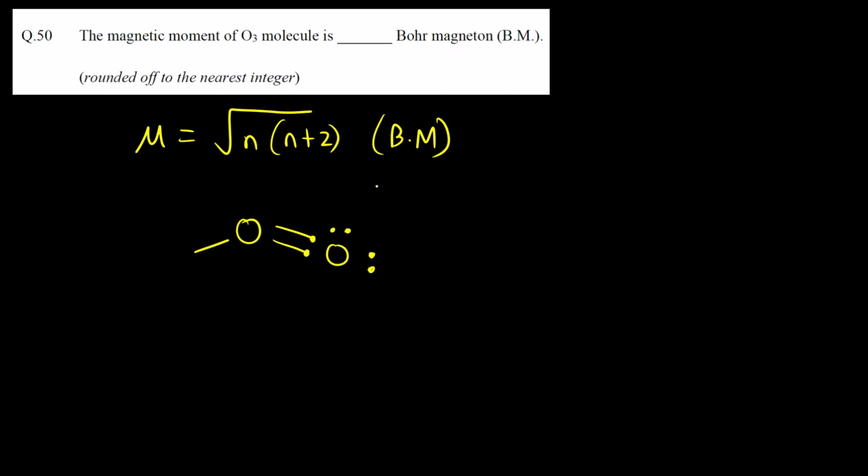So this oxygen has 6 valence electrons, and around oxygen also there are 6, so no charge. Here there is one lone pair. Okay, 1, 2, 3, 4, 5 electrons, that is one less than the valence electrons, so it will have a positive charge.